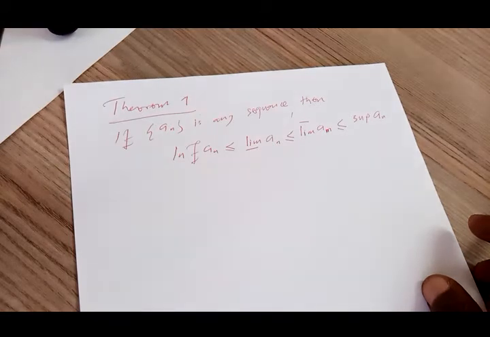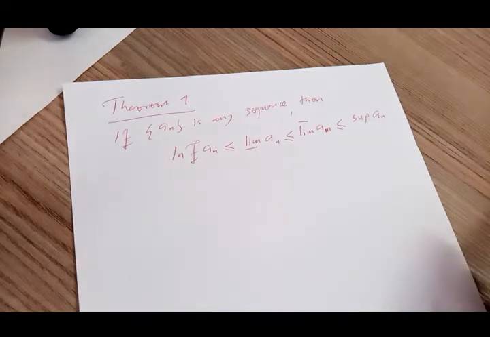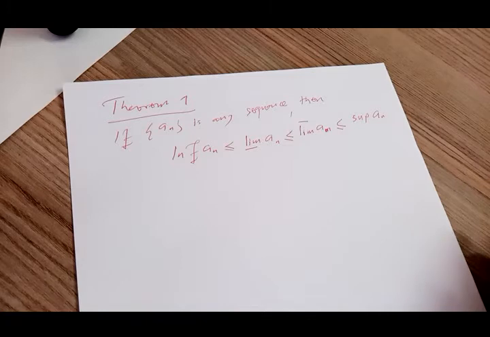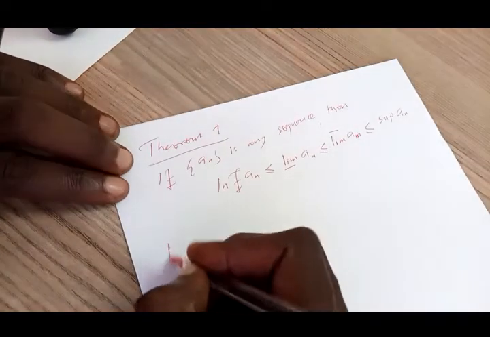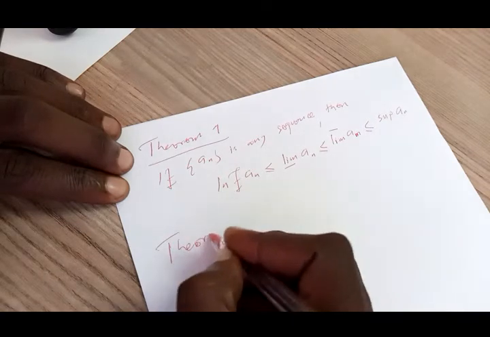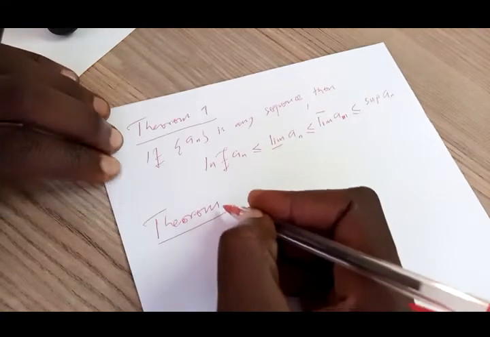Okay, then the other important result that I wanted to look at, I'll just mention it. Let me just look at this Theorem 2, very important. I will just give the statement, no need to prove.